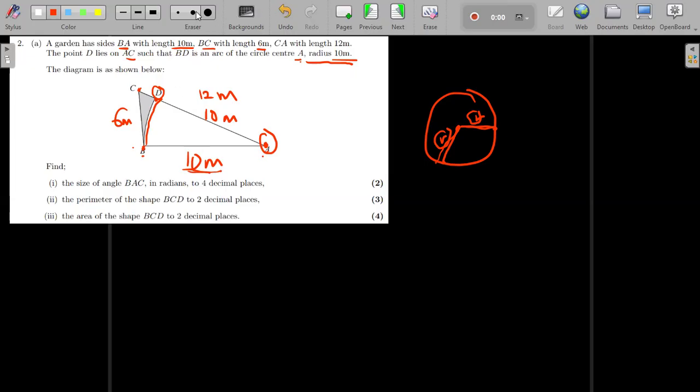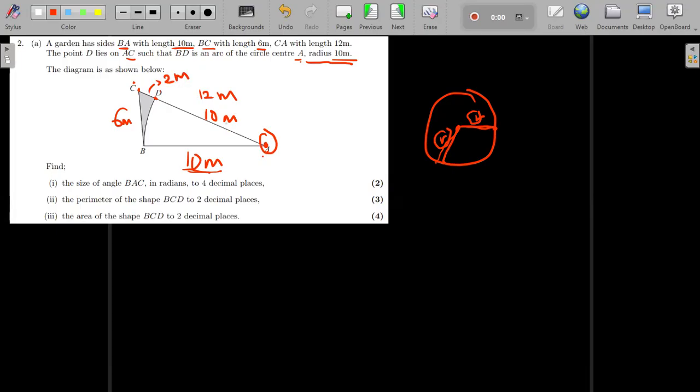Since the distance from D to A is 10 meters, what is the distance from C to D? We've been told the total distance is 12, but the distance from D to A is 10, so CD will be 12 minus 10. This distance CD is just 2 meters.